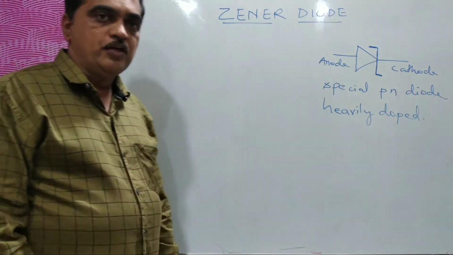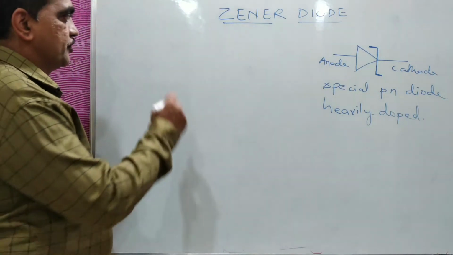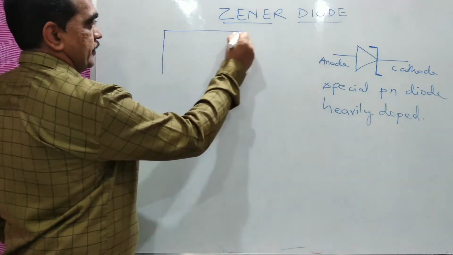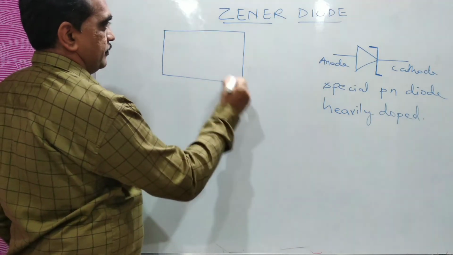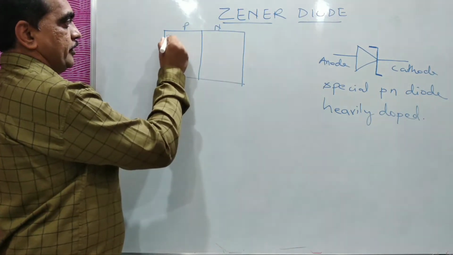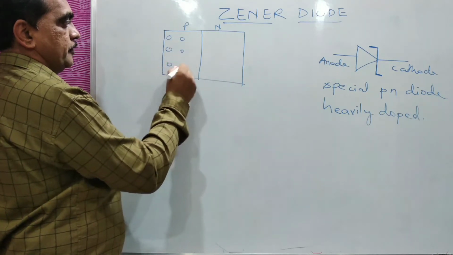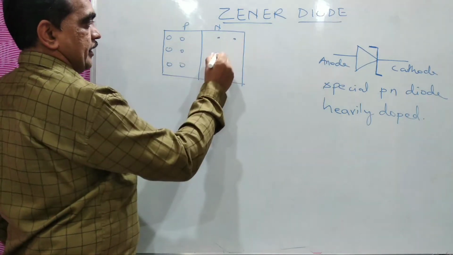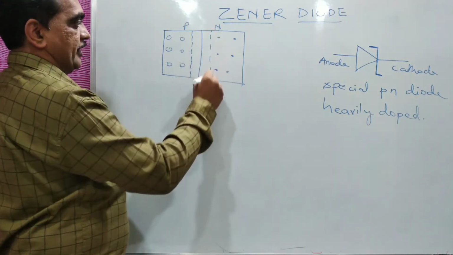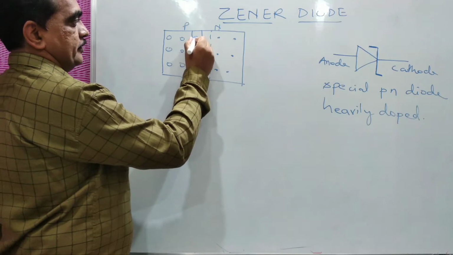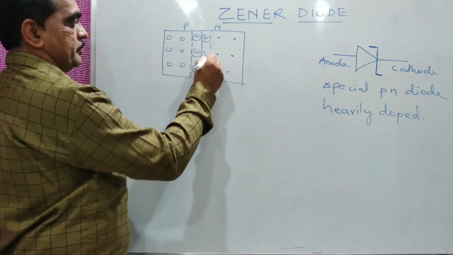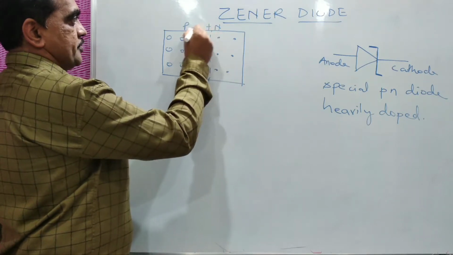Now, if you see a normal PN junction diode, say this is P-type material, this is N-type material, it is doped. These are electrons in N, and this is the depletion layer, plus minus.